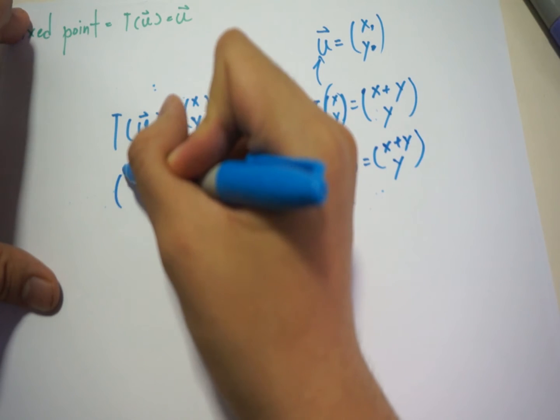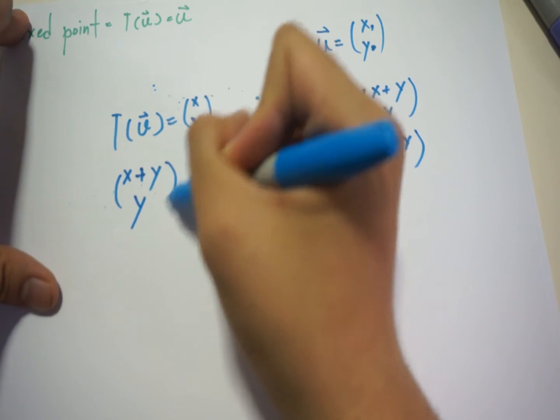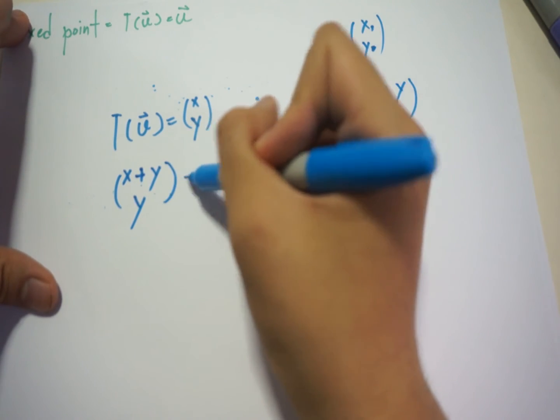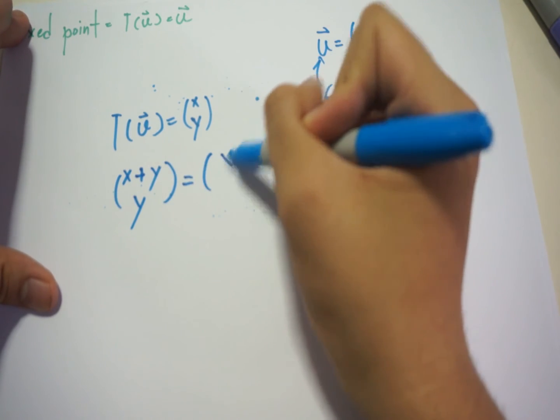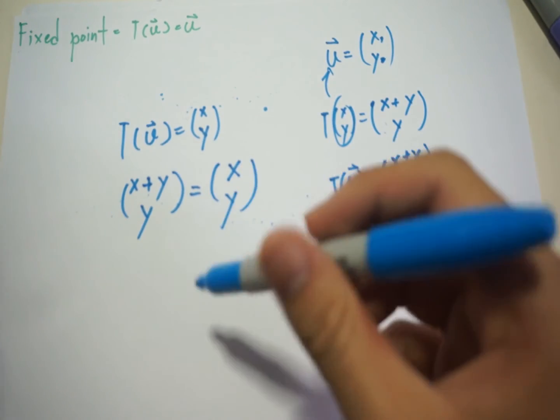So we're going to have something a little bit like this, equal x, y.